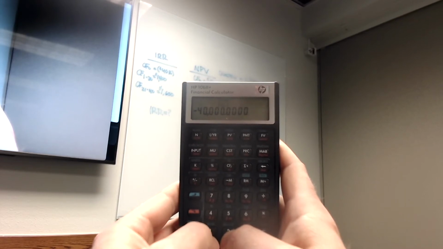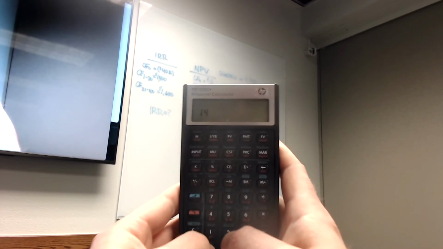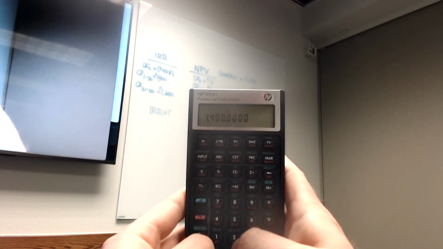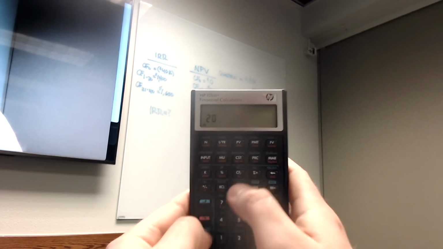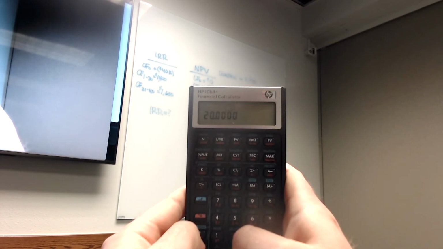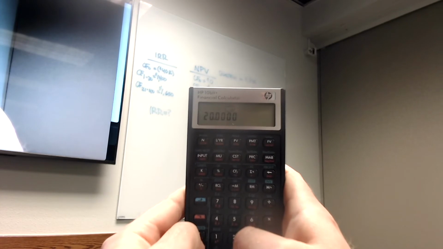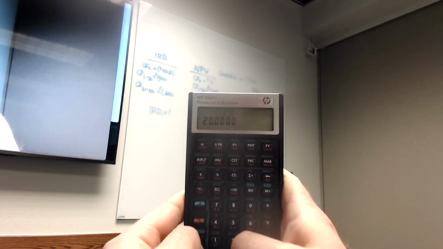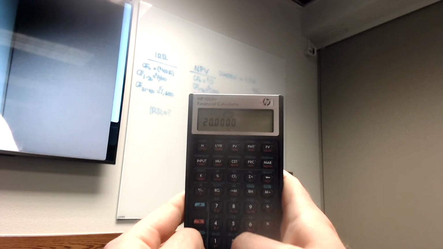We're going to type in the 1400 cash flow 1. Then for the 20 cash flows, we're going to go 20 shift NJ. Basically, that tells the calculator that for 20 of those cash flows, or in essence 5 years, because remember we're compounding quarterly, we're going to have $1,400.